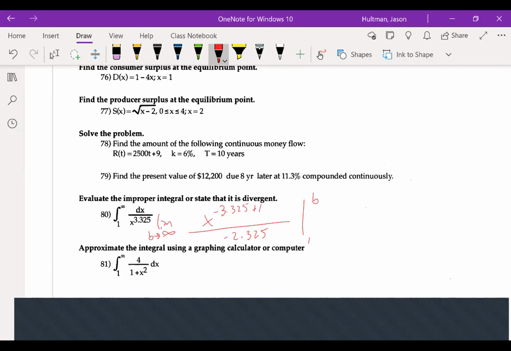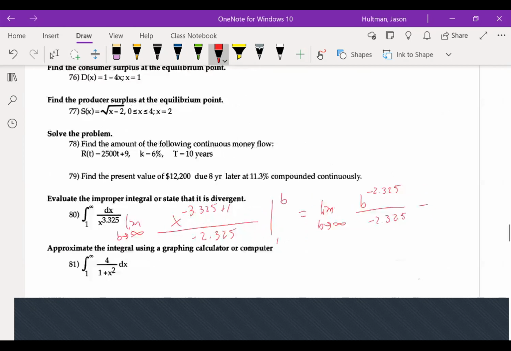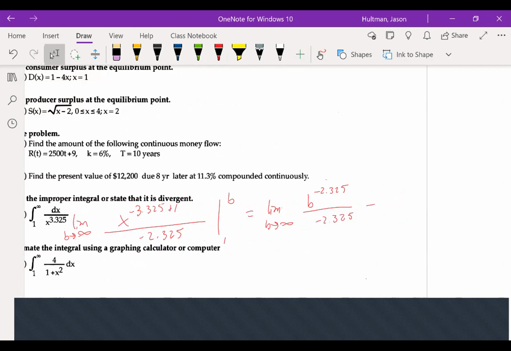So this is going to be equal to the limit as b goes to infinity of b to the negative 2.325 over negative 2.325, minus, now we're going to plug in 1 here, 1 to the negative 2.325 over negative 2.325.